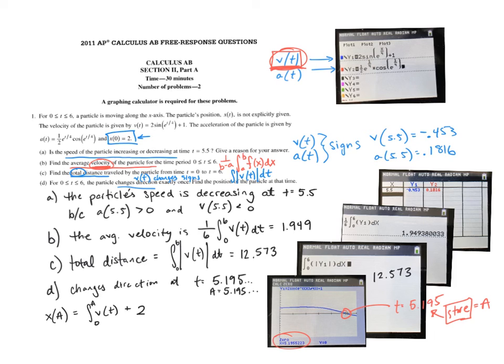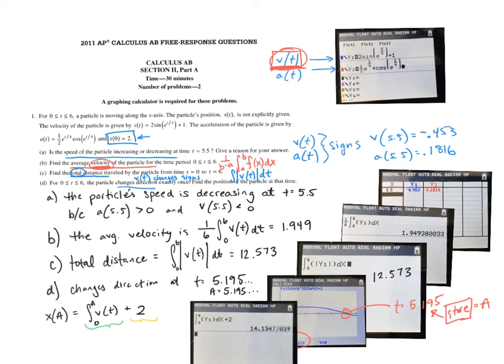So let's make sense of this. This right here tells us how far I traveled in that time period, and this piece right here tells how far I started away. So I traveled that much, and I was already that plus 2 units away. So that'll tell me where I end up. So I need to go to my calculator real quick and plug in all that good stuff to see what my position is.